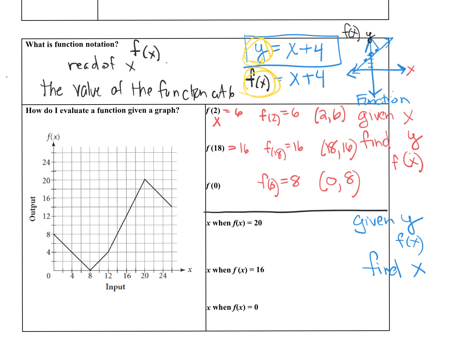Okay, so here this says find x when y is equal to 20. Remember, that's what that f of x means. So when y is equal to 20, we are going to go up to where y is equal to 20. We are going to go over till we hit our graph, and then we're going to drop down and read that corresponding x value. And so that would tell us that x is 20.